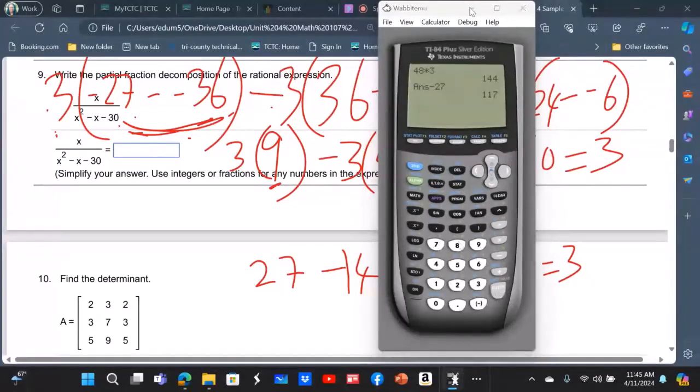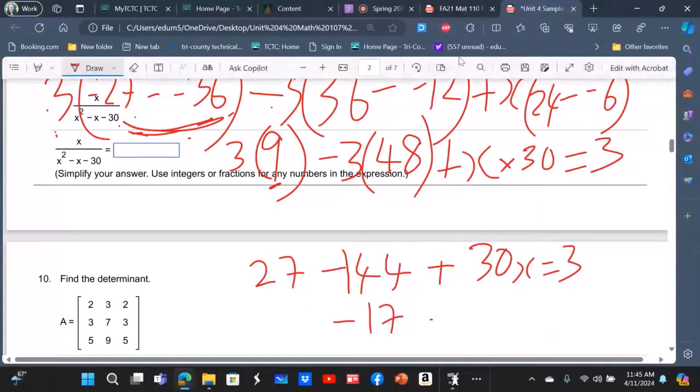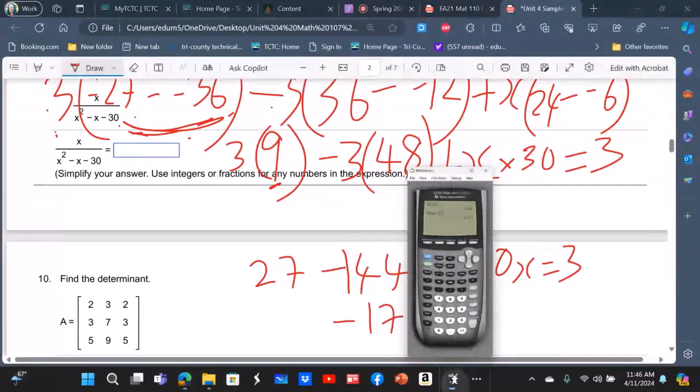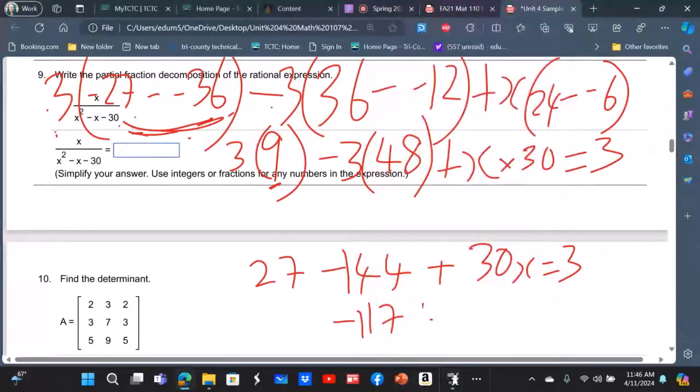How did I just, it's not right. Okay, 144 minus 27. 117, okay. So it's still right. So 117 plus 30x is equal to 3.